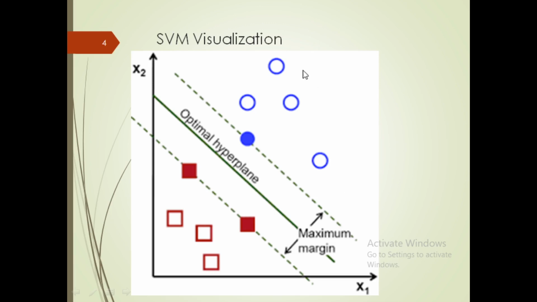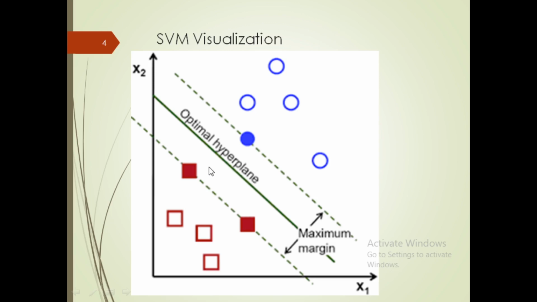Here we have all the objects that belong to the circle class, and here we have all the objects that belong to the square class. If I want to identify whether an object belongs to a square or a circle, we are going to draw a boundary, and when we draw a correct boundary, that is nothing but an optimal hyperplane.